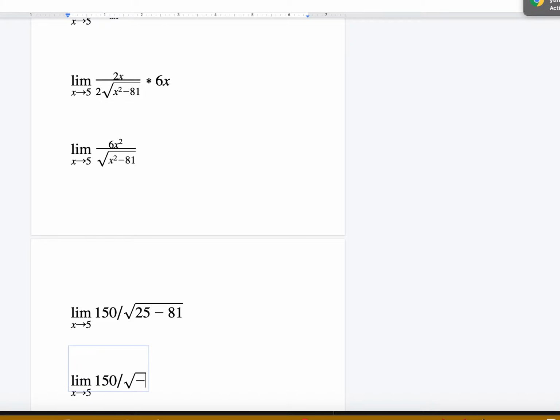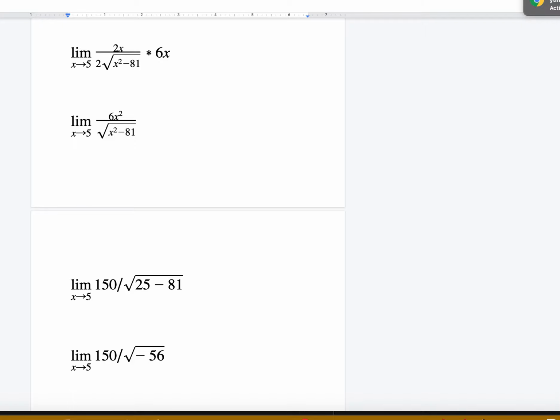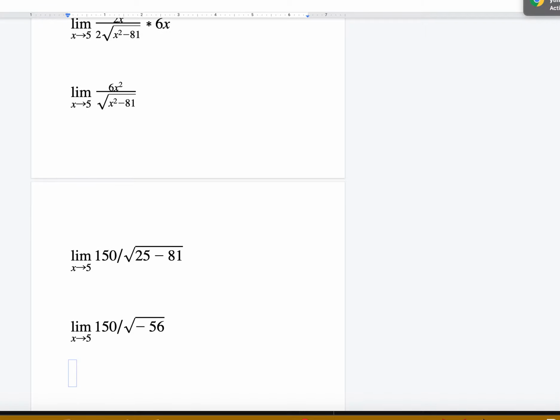And that is not okay. 25 minus 81 will be negative, negative 56, and you cannot have a negative inside the square root. So that means the limit as x approaches 5 does not exist.